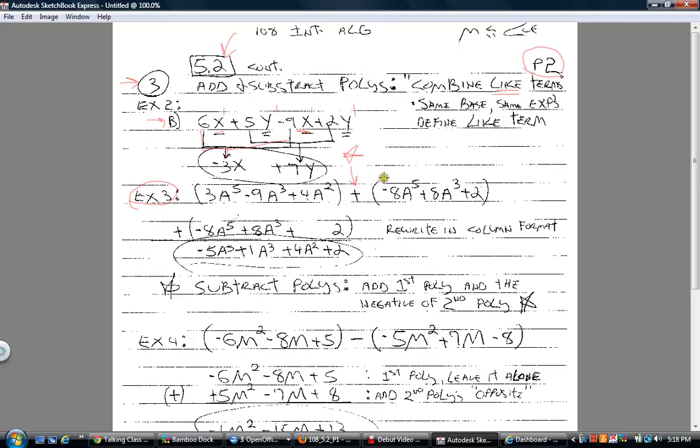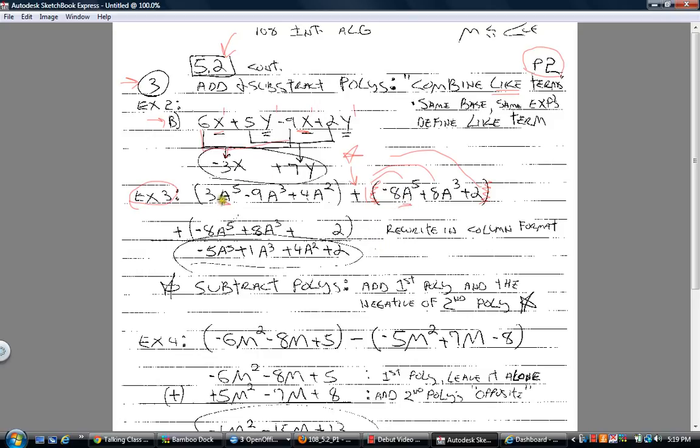Basically, these parentheses over here, you can get rid of them right away. Now, if you need a little help with that, you can always pop up a 1 as a coefficient and tell yourself you're going to multiply a positive 1, which will not change the values. Or you could just go ahead and say goodbye to them. And then ask yourself, can you combine like terms?